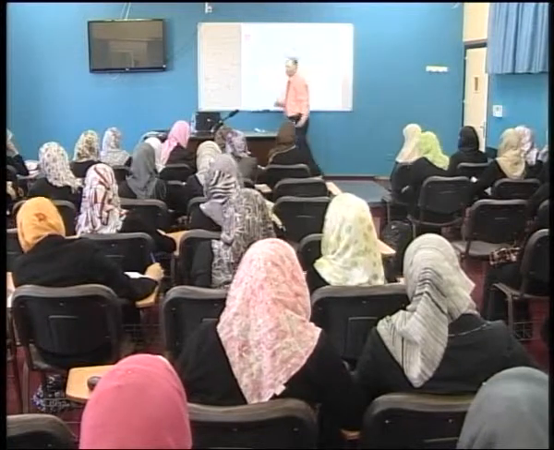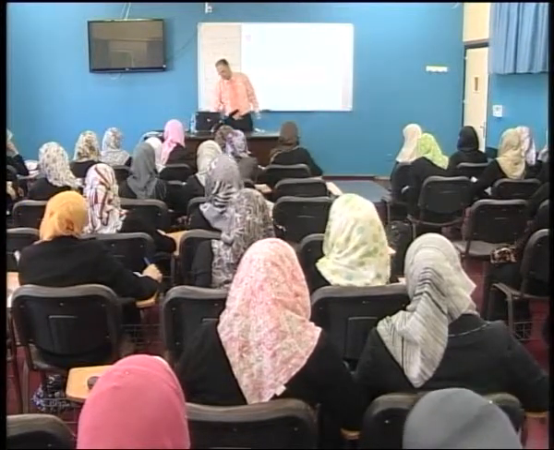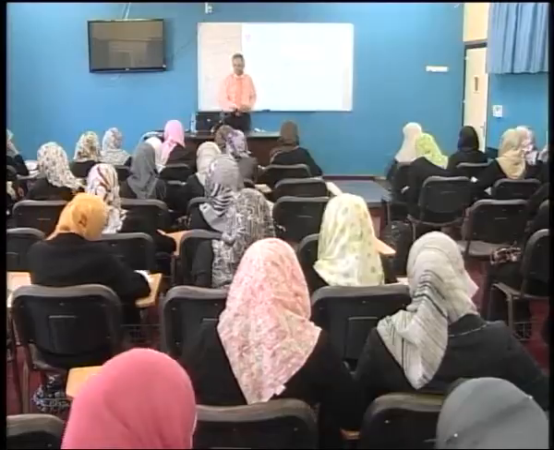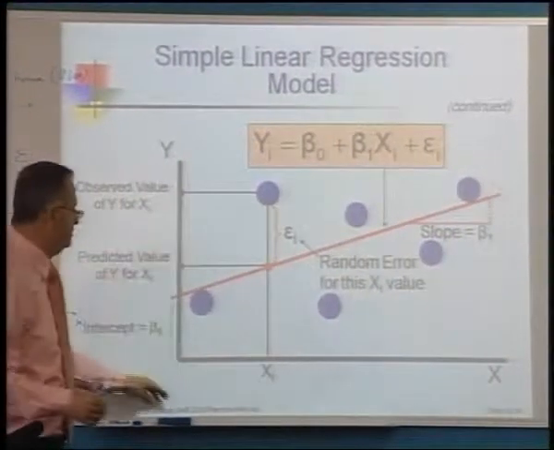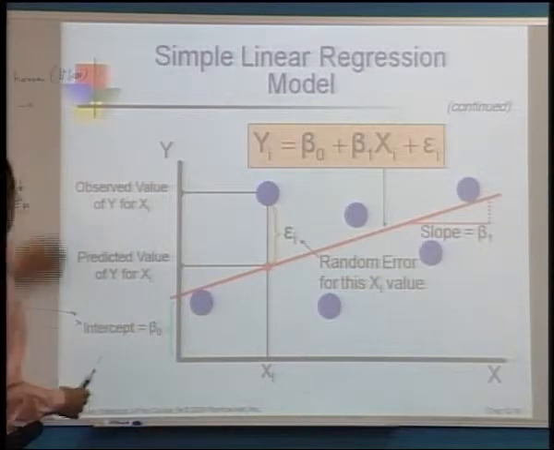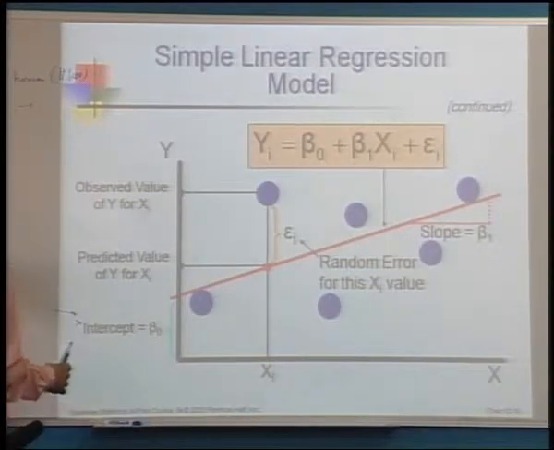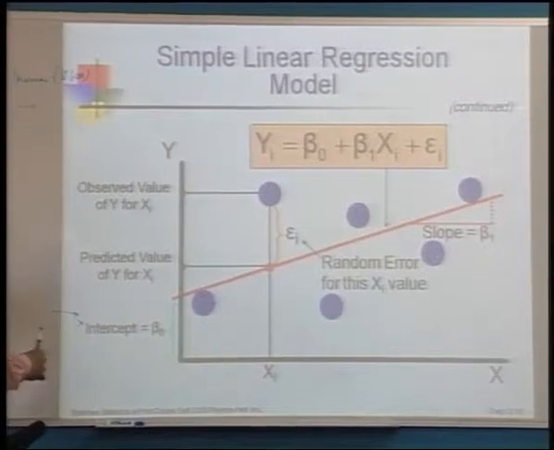So that's the simple linear regression model. Now, the data you have, the blue circles represent the observed values.